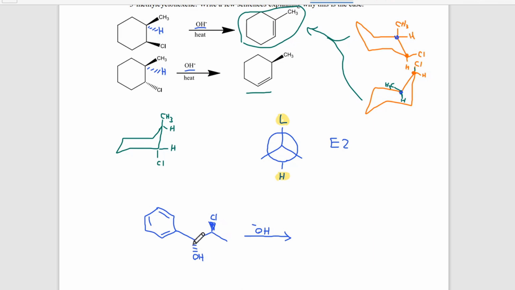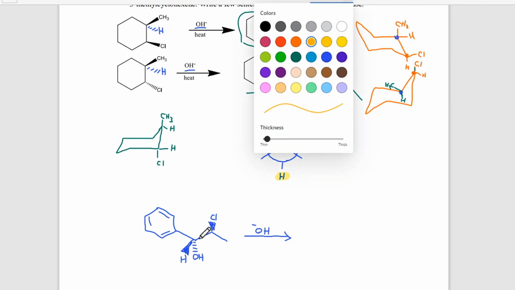See, in this case, the hydrogen is on the same side as the chlorine, right? Y'all can see that? But because this is not a ring, where the beta hydrogen and the leaving group are not present in a ring, you can actually rotate this around.